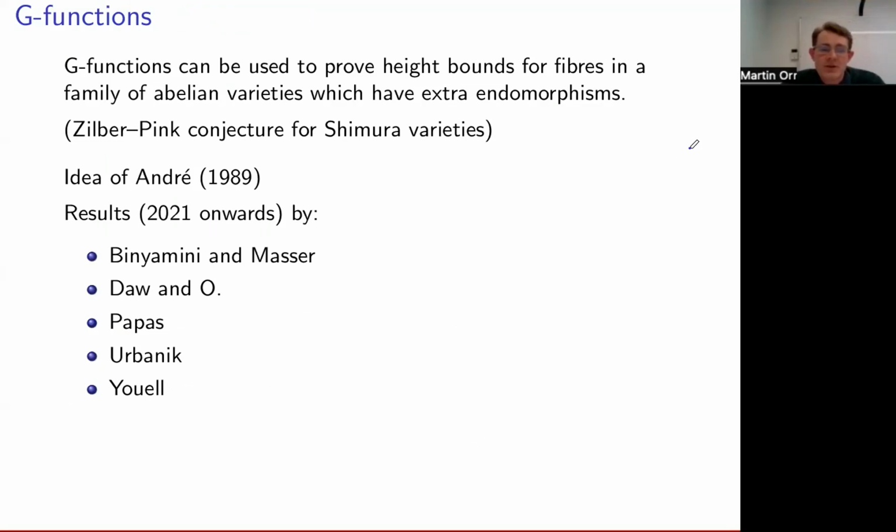So G functions, which I'll define in a few minutes, are a tool that has been used to prove height bounds for the fibers in some family of abelian varieties which have extra endomorphisms.